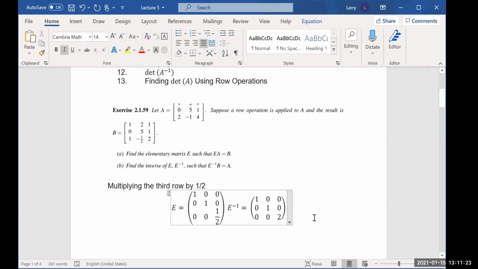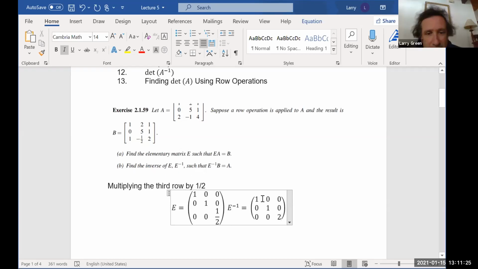Okay, I see. So now you can go and say, what is E inverse times B? Well, if you have 1, 0, 1 dotted with 1, 0, 0, you get 1. That didn't change. Sorry, it's E inverse times B, yeah. So if you have 1, 0, 1, and you dot that with 0, 1, 0, you get 0.